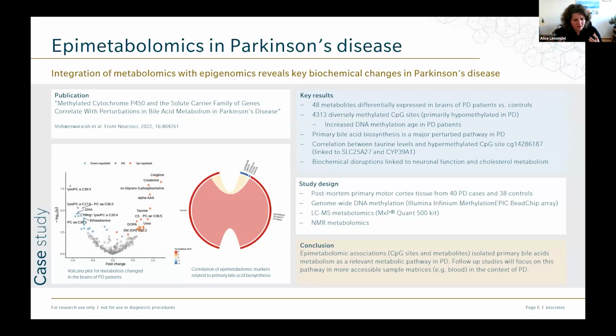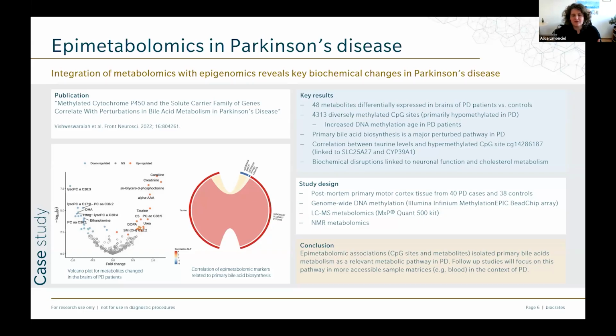And this gives you more confidence into looking into certain pathways because you see pieces of the story in different parts of the biology that you look at with the omics.